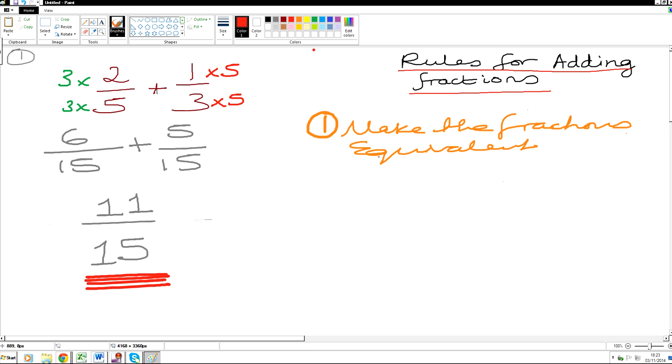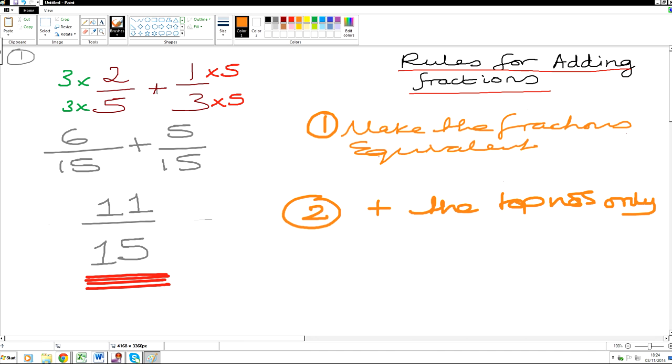Okay, so we made the fractions equivalent. Lovely. Number 2, what do we do number 2? Once we made the equivalent, we add the top numbers only. Okay, what do we do about the bottom number?